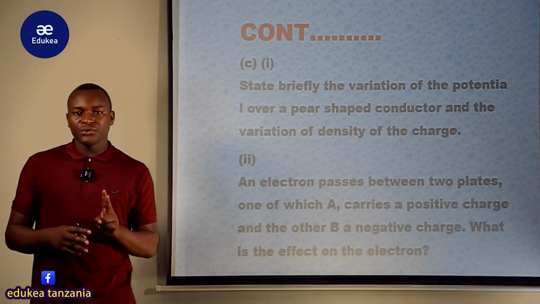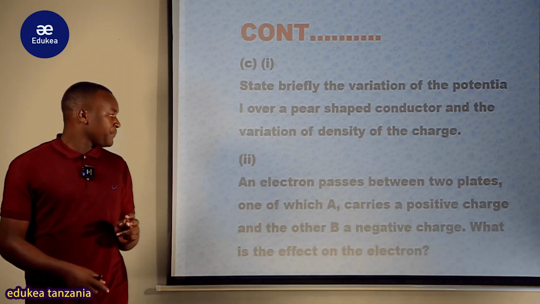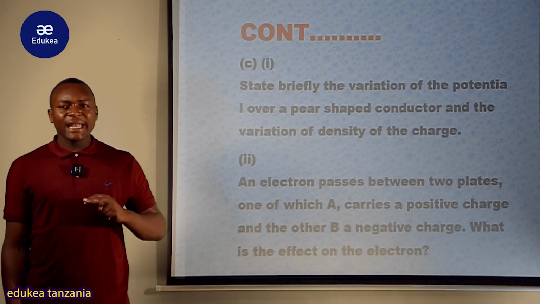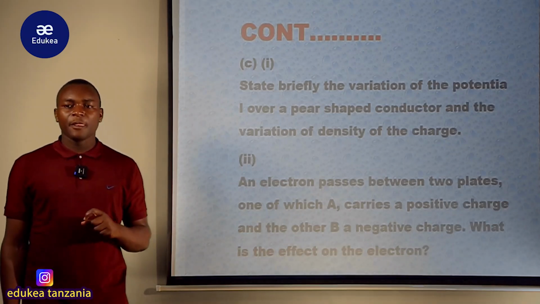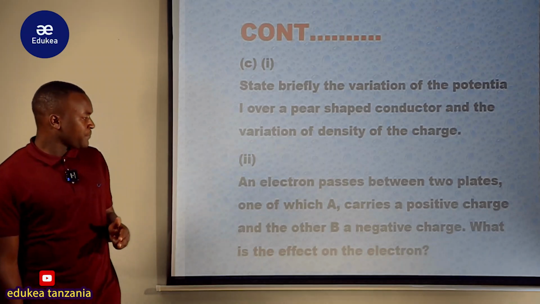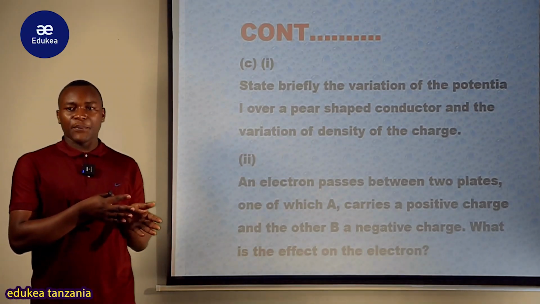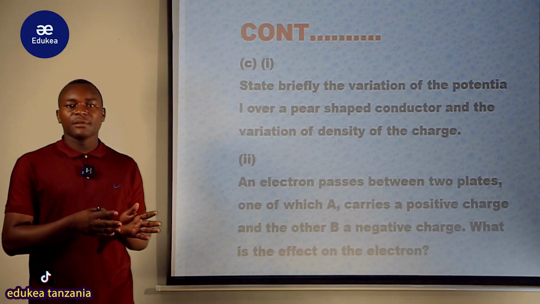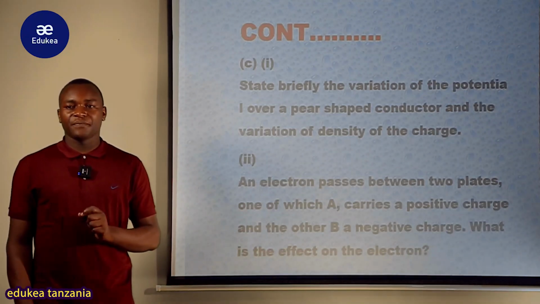You have two plates, plate A and plate B, and an electron passes between them. Plate A carries a positive charge, but plate B carries a negative charge.